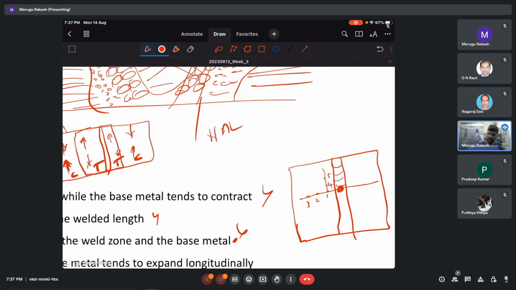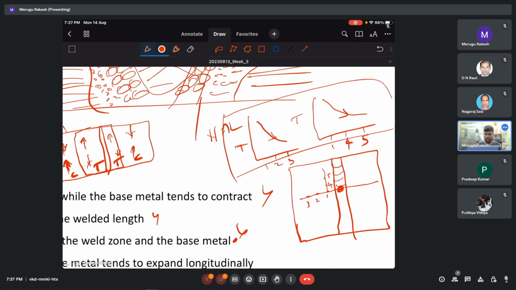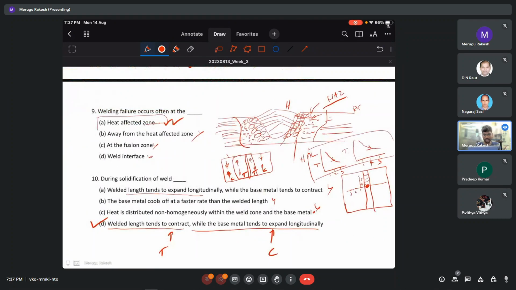So if you see two diagrams, like 1, 2, 3, with temperature, at 1 we will have high temperature, and it will decrease with time, and similarly 1, 4, 5 will look like this. So you see the curve. We have a very nice uniform distribution of heat, and we can plot it with time as well, the time for the solidification. This is a simple analysis that we generally do. So that is all about solidification in welds.